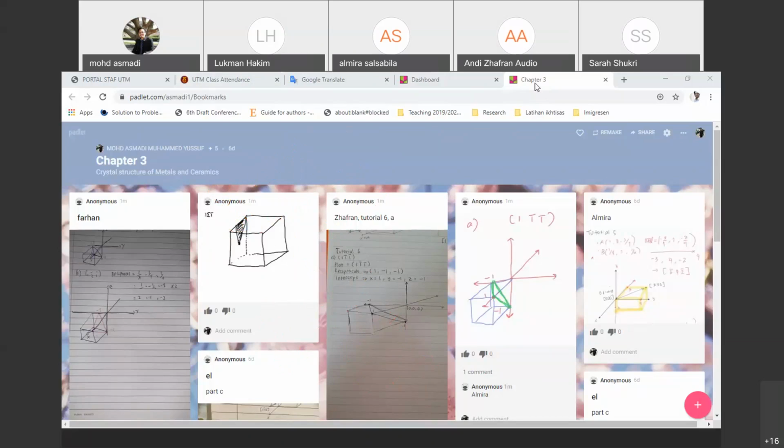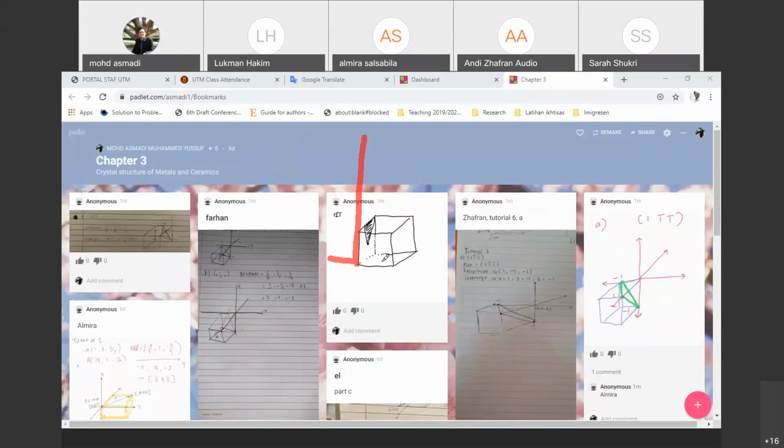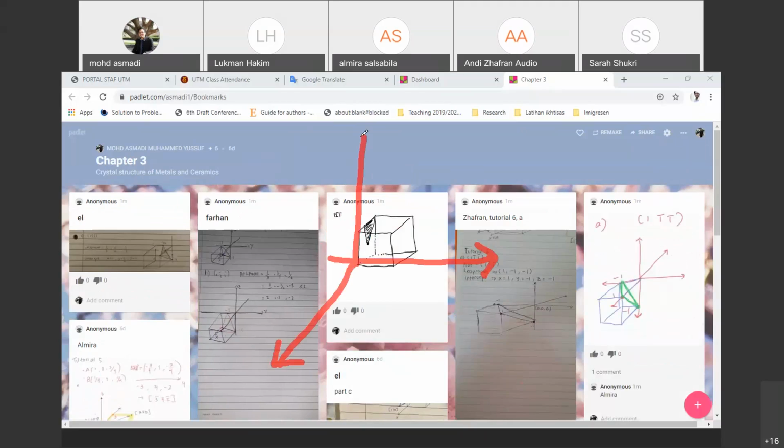So what you have to do after that is, similar to a Cartesian coordinate, you have to draw this. This one is Z, this one is Y, this one is X. Just dot.